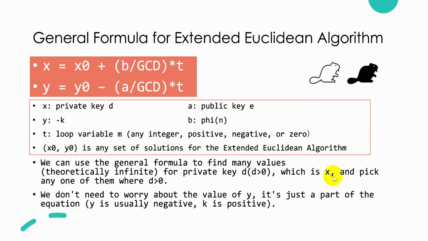D is the value of x, and then pick any one of them where d is greater than 0. We don't need to worry about the value of y because it's just a part of the equation. Y is usually negative, but k is positive because y equals negative k. Next, let's look at the code.